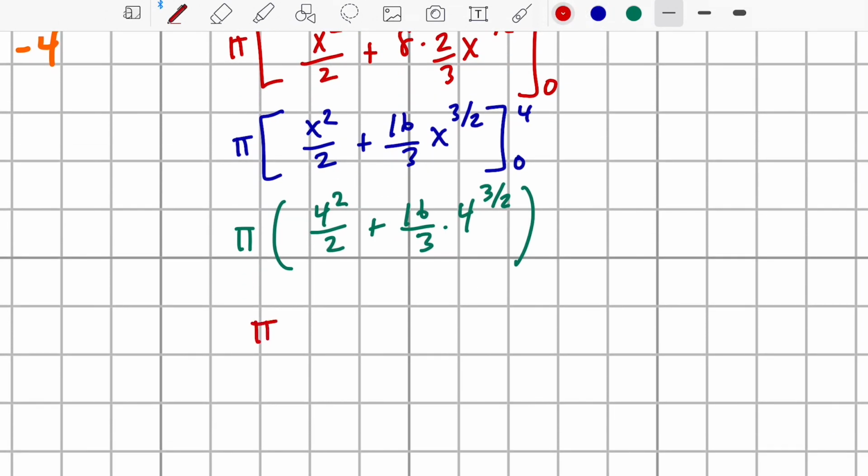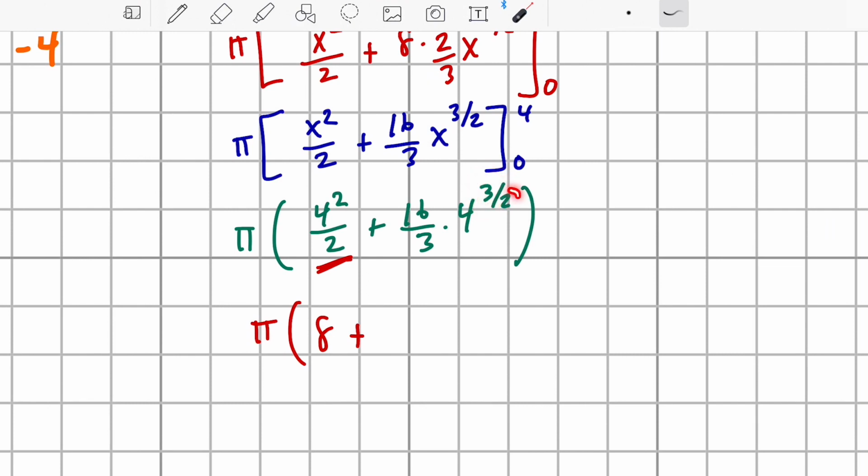Let's simplify. Pi. So this gives me 4 squared is 16 divided by 2 is 8, plus, and for this one, this part right here tells me that first I need to take the square root of 4, and then the result I need to cube it.